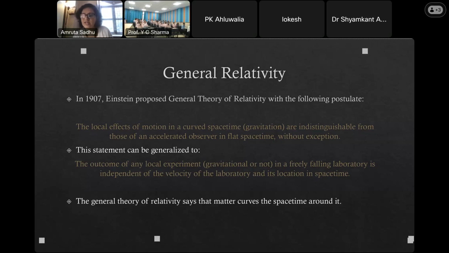We will have curvature of space-time. So we will experience gravity in a large enough space, and that gravity causes the curvature of the space-time.